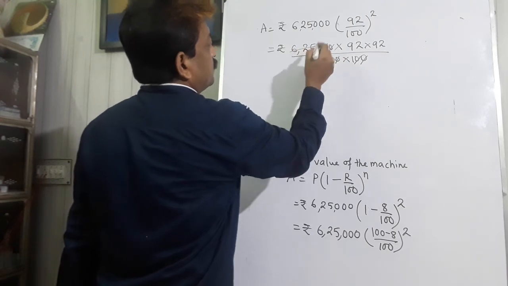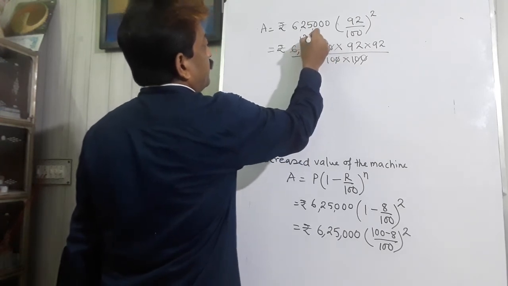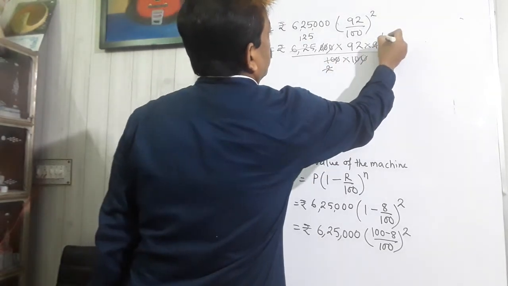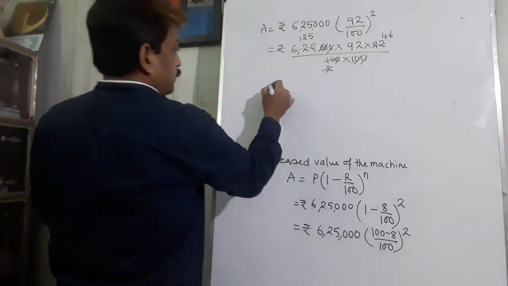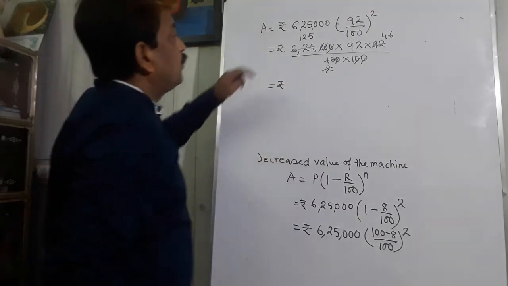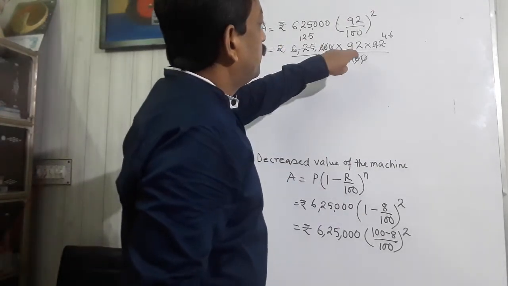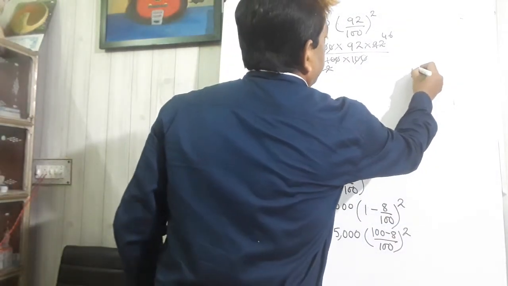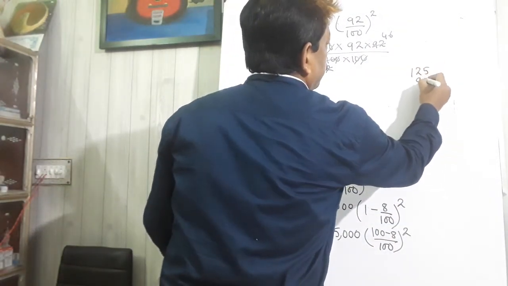Now 5 into 625 is 125, and 5 into 10 is 2. 2 into 92 is 46. So we have to multiply 125, 92 and 46. So 125 multiplied with 92 first.